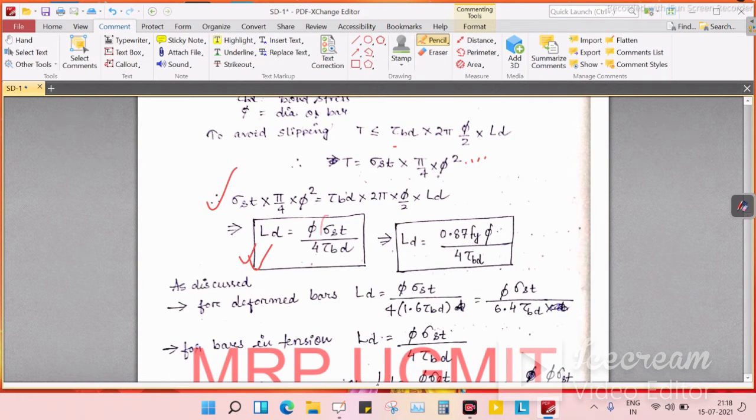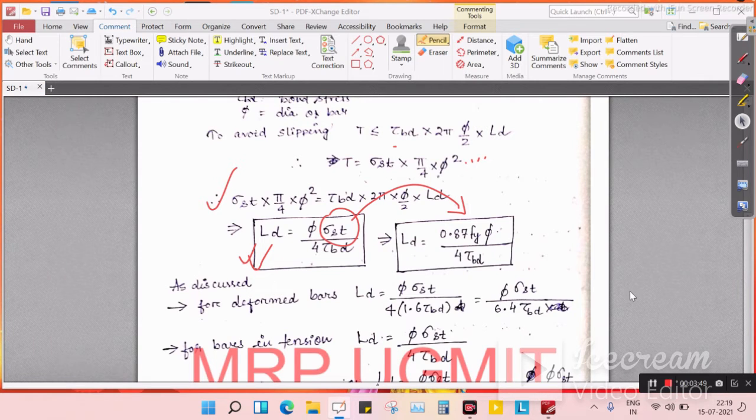Okay, here sigma st is nothing but our 0.87 Fy. So our development length is 0.87 Fy phi divided by 4 tau BD. Fy is yield stress, phi is the diameter of the bar, tau BD is the bond stress.